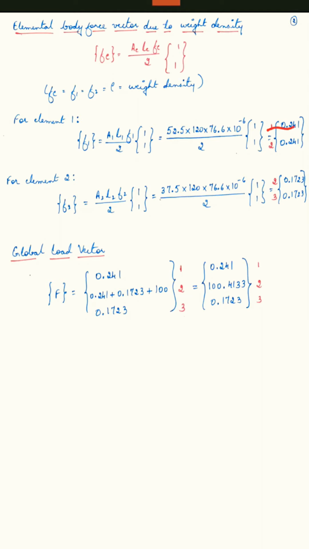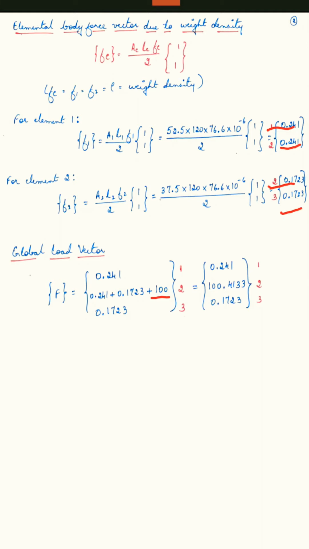Now at node 2, which is common to both element 1 and element 2, there will be the body force from both elements and also the force from the point load. So 0.241 Newton plus 0.1723 Newton plus 100 Newtons will give you 100.4133 Newton. But at node 3 there is no point load acting, only the body force will be considered.